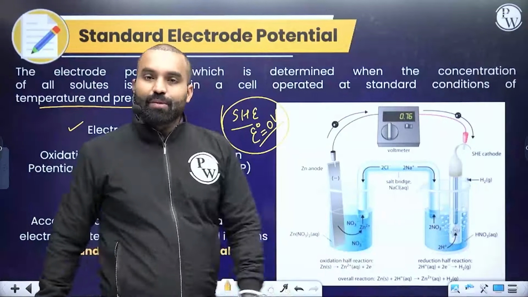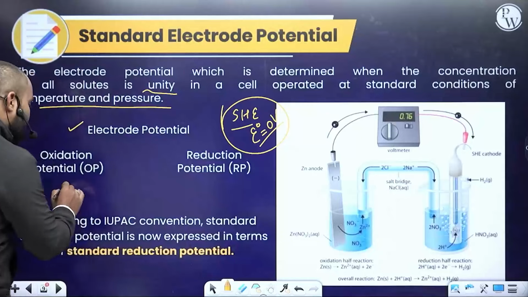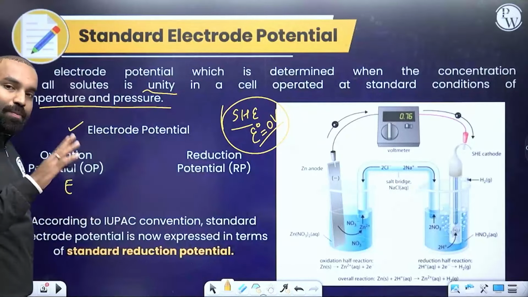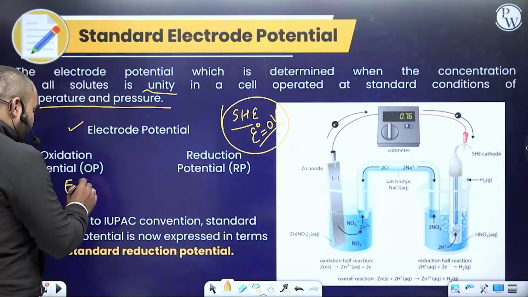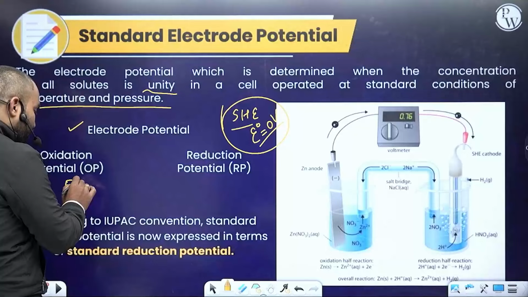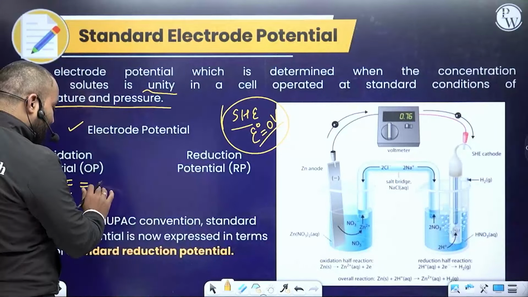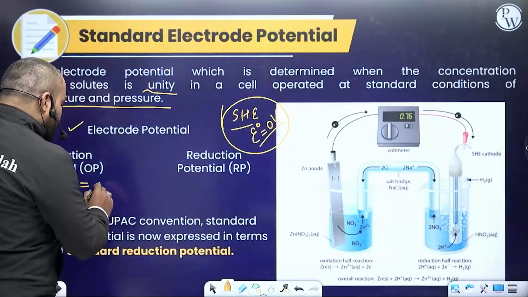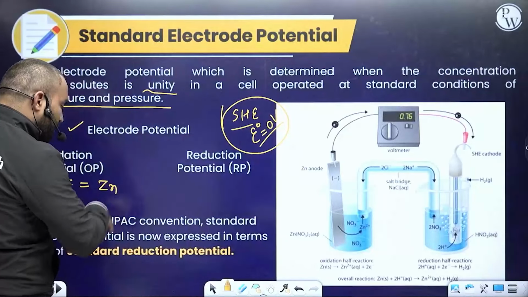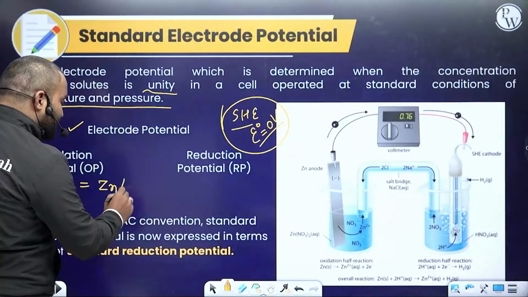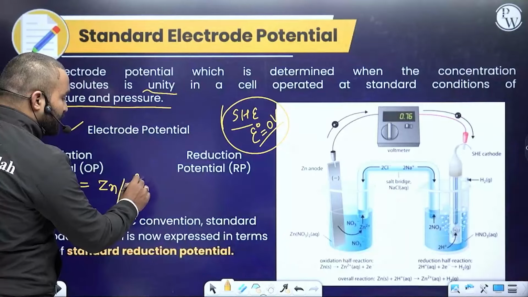How do we represent oxidation potential? With the help of E, OP, oxidation potential. So E of oxidation potential will be represented. Suppose I am representing for zinc: first of all write its reduced species, then slash, write down its oxidized species.